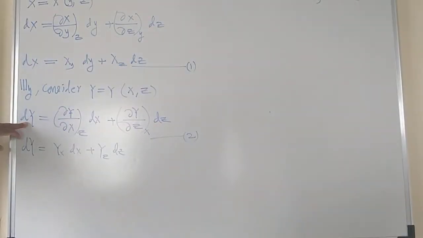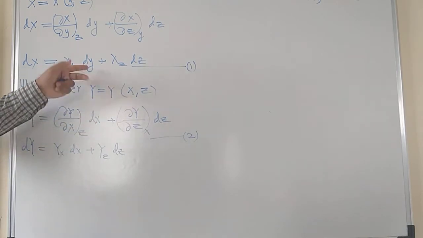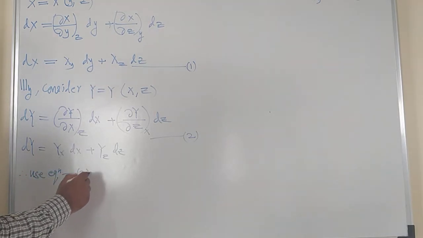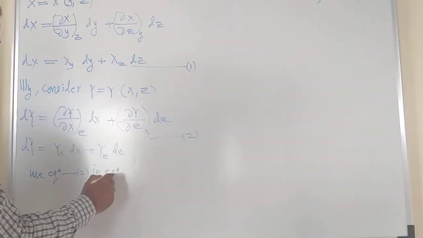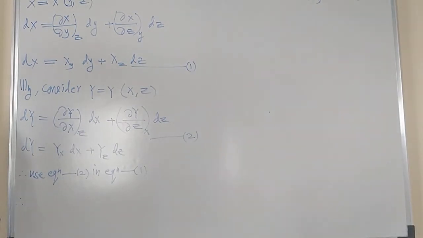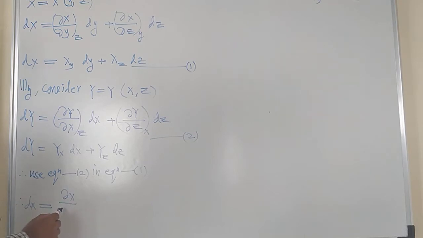Now this is the total differentiation of y, and we have here dy. So I can use equation number 2 in equation number 1. And therefore once you put equation number 2 into 1, you will get dx is equal to dou x by dou y at constant z into dy.